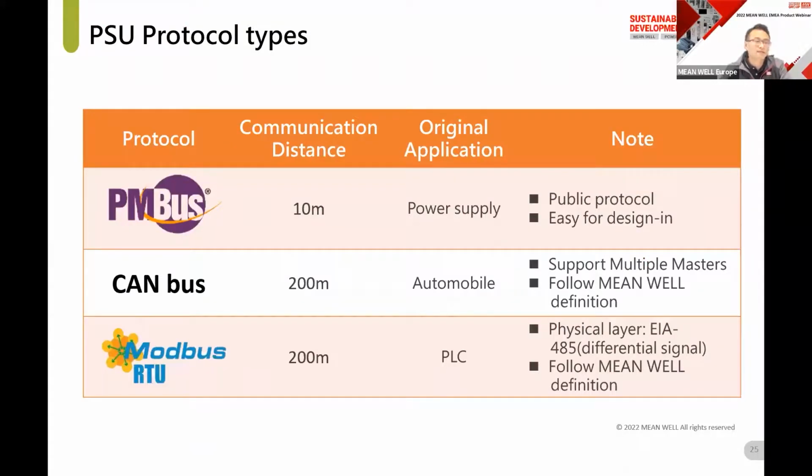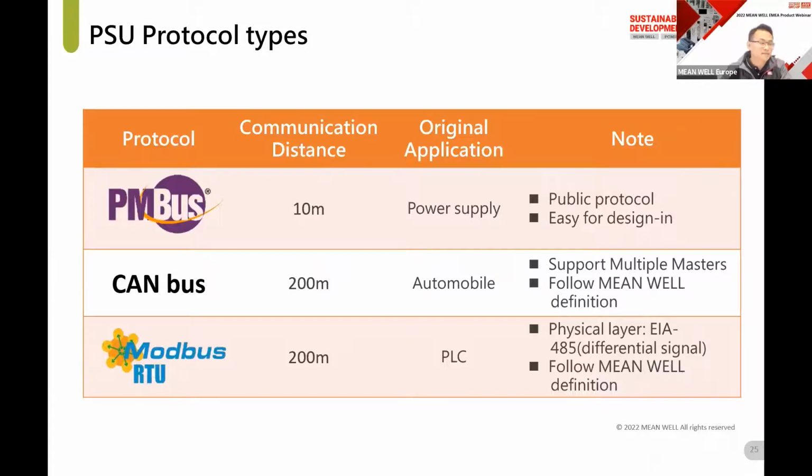Regarding the control protocol, PMBus, CAN bus, and Modbus are very commonly used in industrial applications. PMBus is a public protocol targeted at the digital measurement of power supplies. It is a two-wire communication protocol based on I2C.